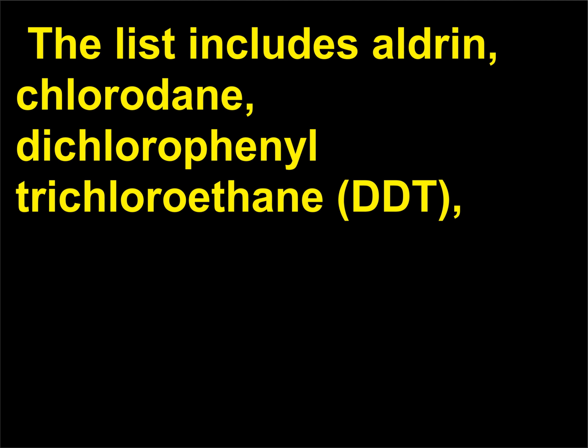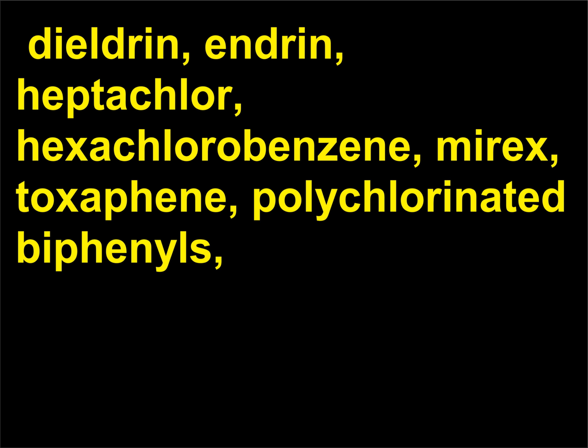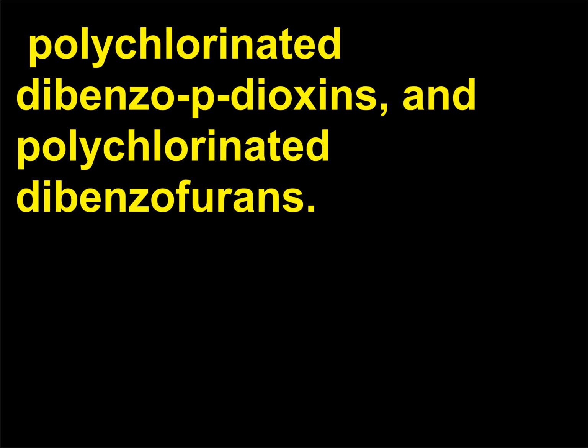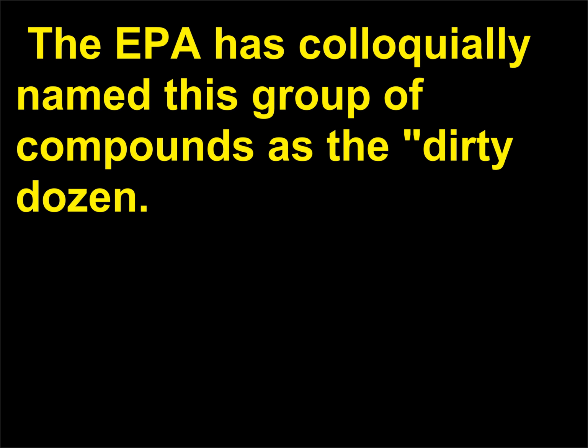The list includes aldrin, chlordane, dichlorodiphenyltrichloroethane (DDT), dieldrin, endrin, heptachlor, hexachlorobenzene, mirex, toxaphene, polychlorinated biphenyls, polychlorinated dibenzo-p-dioxins, and polychlorinated dibenzofurans. The EPA has colloquially named this group of compounds the Dirty Dozen.